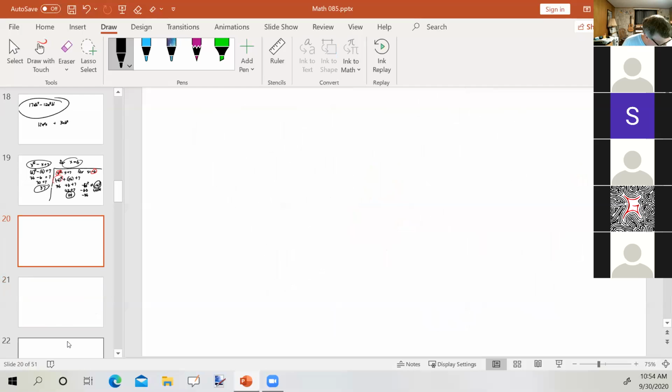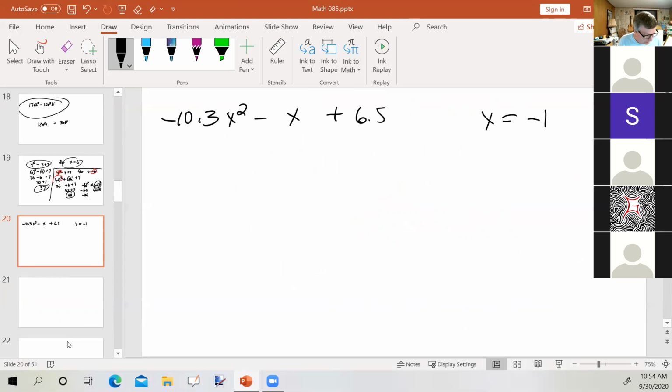How about this? Negative 10.3x squared minus x plus 6.5. We're going to evaluate this for x equals negative 1. So I get negative 10.3 times negative 1 squared minus negative 1 plus 6.5, which is negative 10.3 times, what's negative 1, the quantity squared?